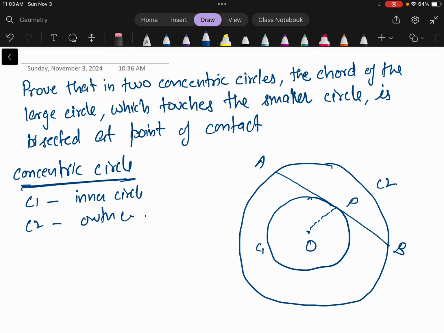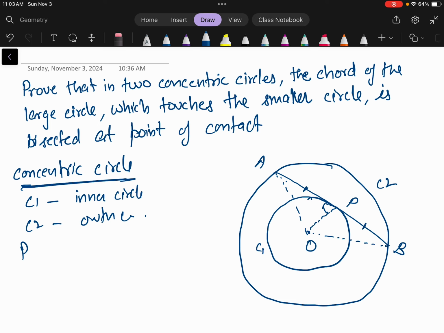So we will draw one tangent. We know that a tangent makes an angle of 90 degrees with the radius. Now we'll draw one more line. What we have to prove is that AP is equal to BP.